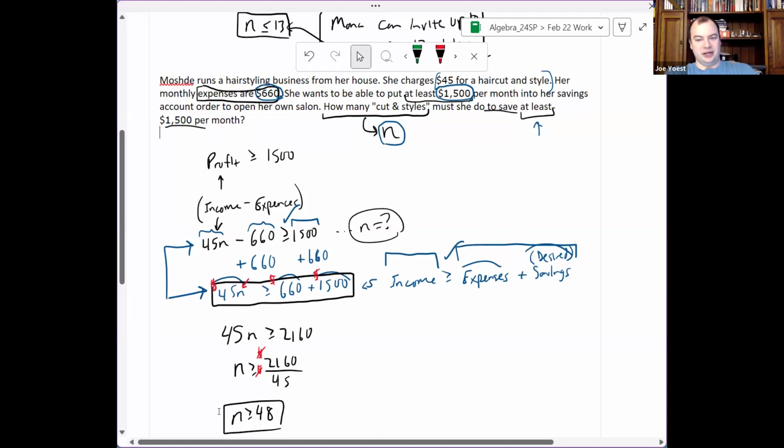If I had somehow got an answer with units of dollars, how many haircuts does she have to do? $48. Well, no, that's the wrong unit, right? Or is about 48 haircuts, does that seem in line? Yeah, that seems pretty reasonable. If I had 48,000 as the answer, something clearly went awry there. If I had negative 17 haircuts as the answer, something's clearly wrong there.